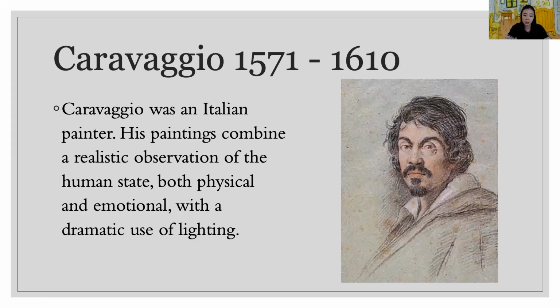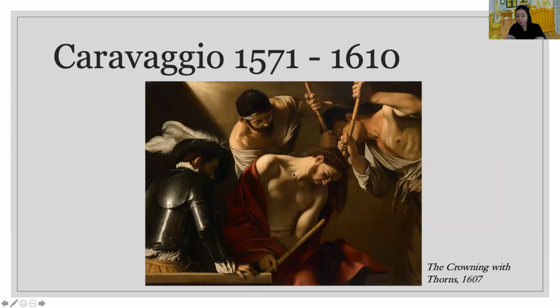Caravaggio was an Italian painter, and his painting combined a realistic observation of the human state, both physical and emotional, with a dramatic use of lighting. He picked the painful moment when Jesus Christ got the crown.